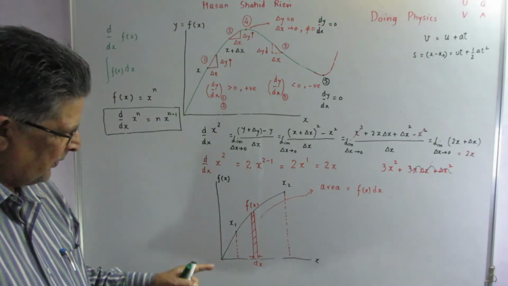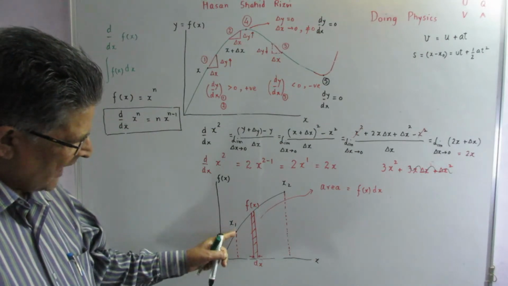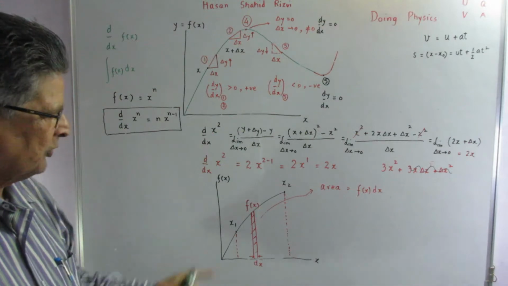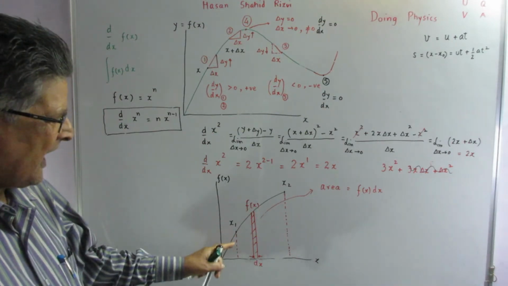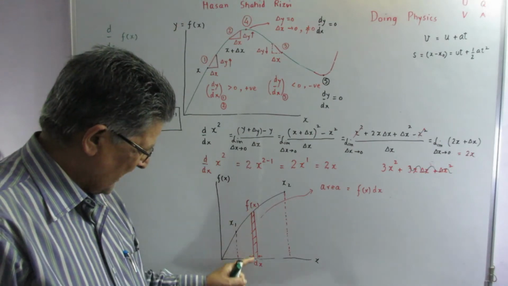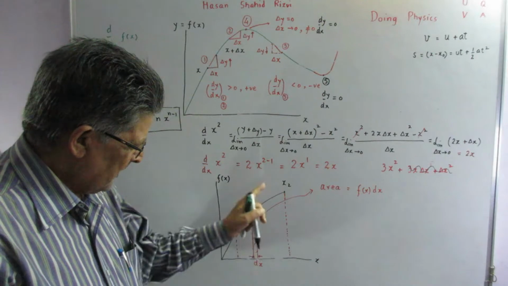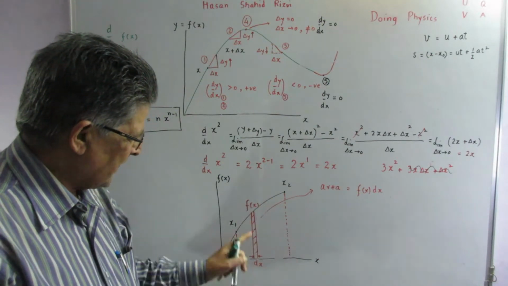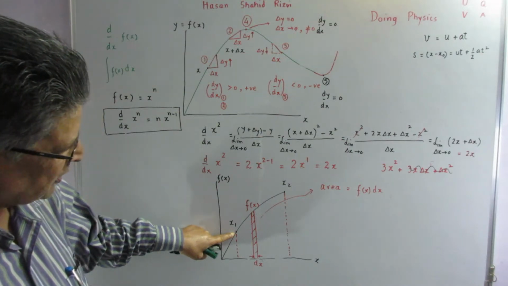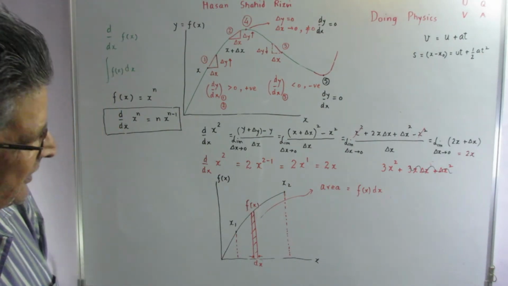Now, if I want the entire area between x1 and x2, what we have to do is take adjacent rectangles which are close to each other, from the value of x equal to x1 to the value of x equal to x2, between these limits.